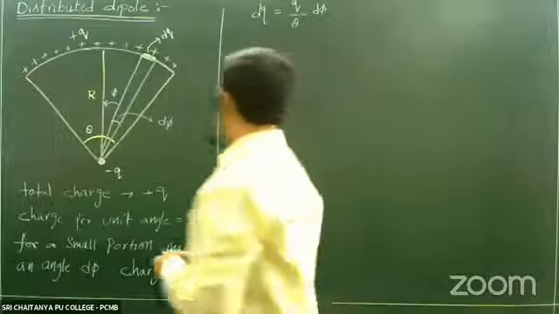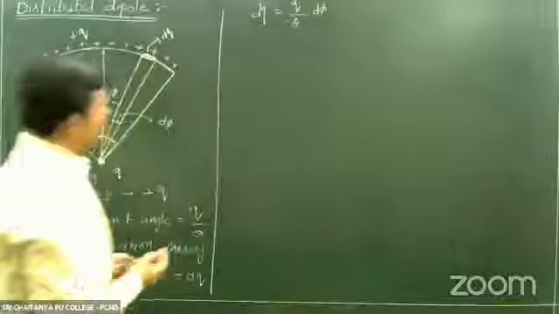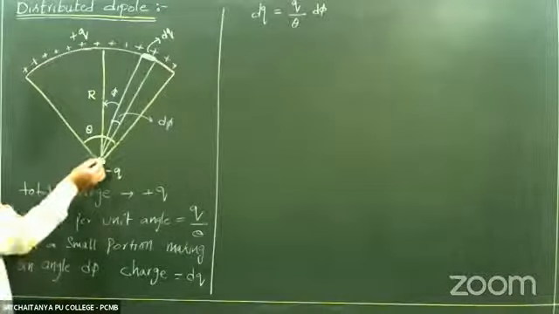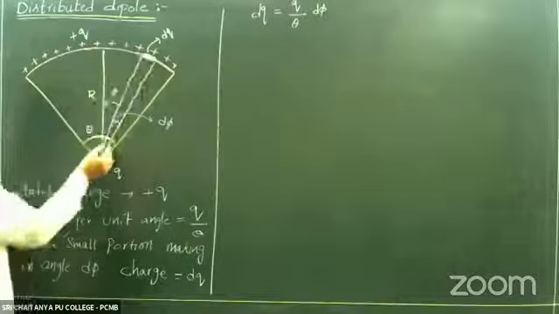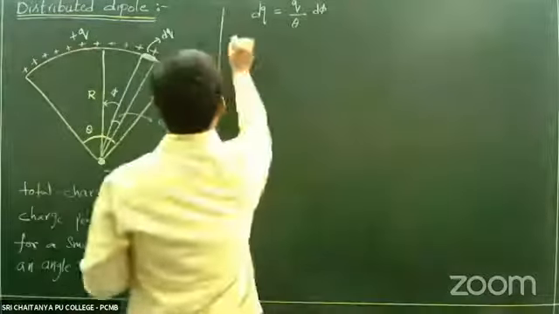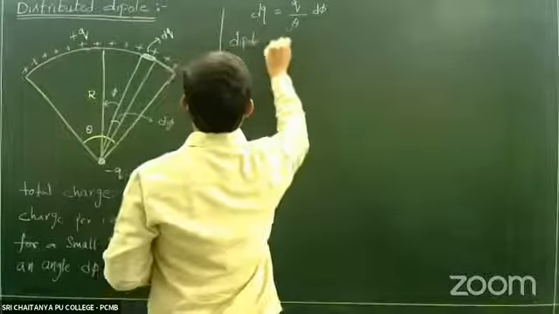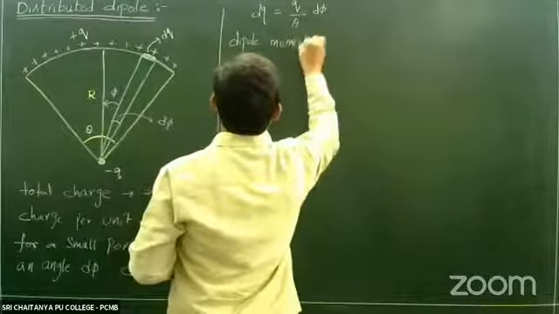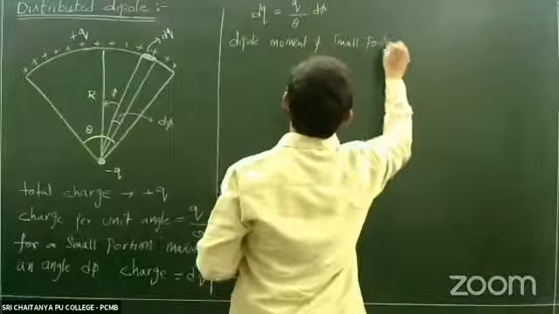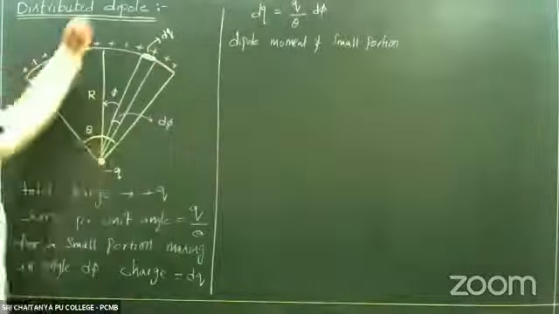Now, what is the dipole moment for this? First, we find the dipole moment of this small charge, then we extend it to the total. So, the dipole moment of that small portion. What is the formula for dipole moment?